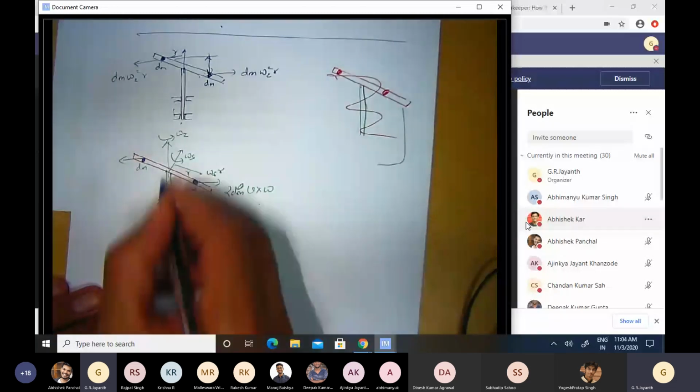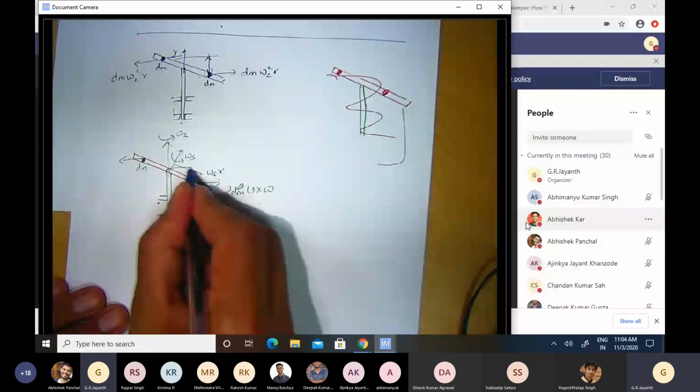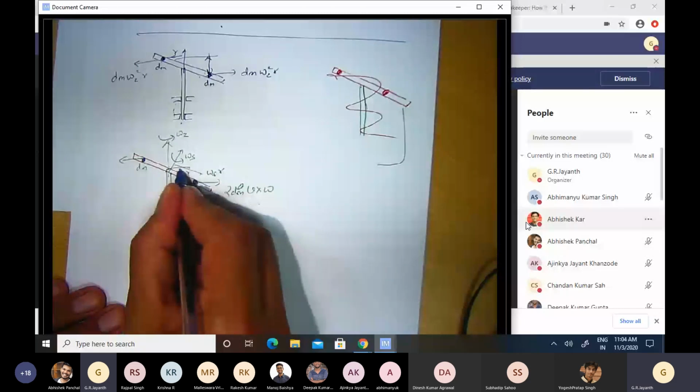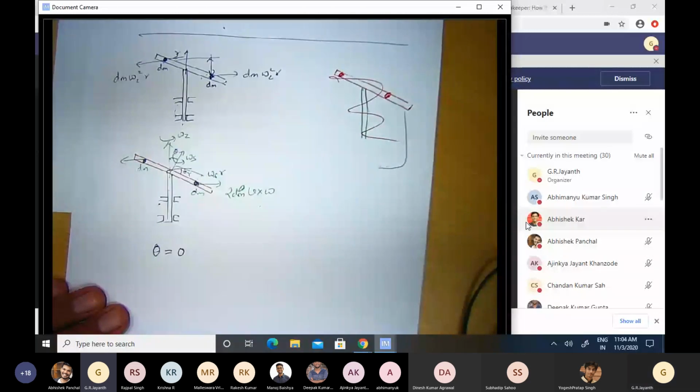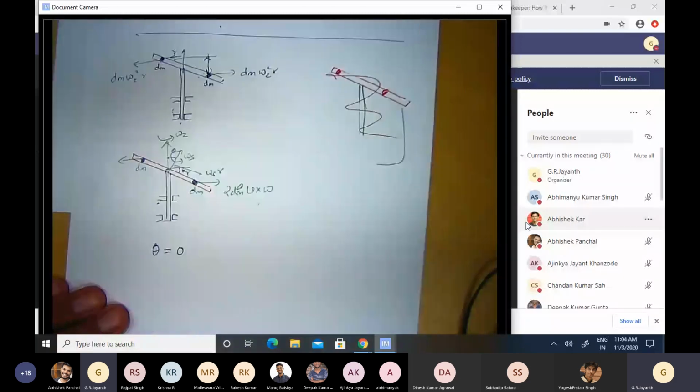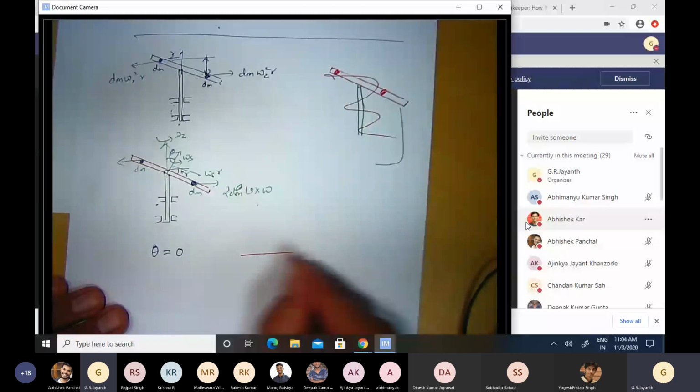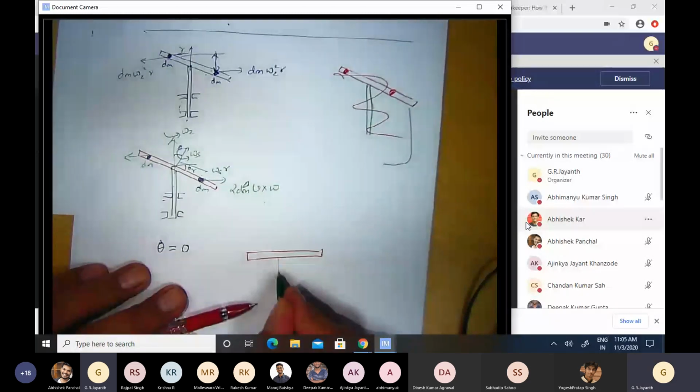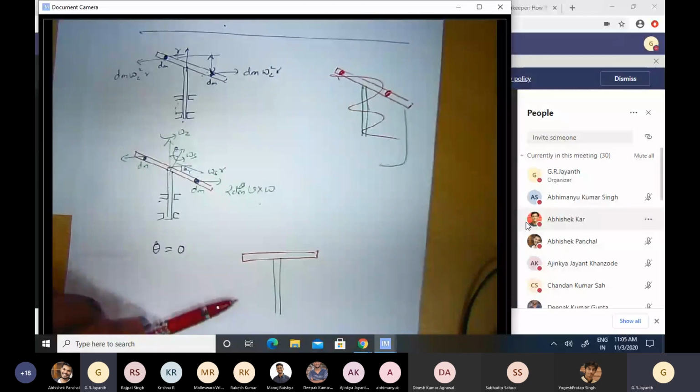This is the angle theta at which the surface normal to the plate is inclined with respect to the axis of the shaft. Let us say that theta was equal to 0. How would this plate look? Its surface normal would be aligned with that of the shaft. So the plate and the shaft together look something like this.